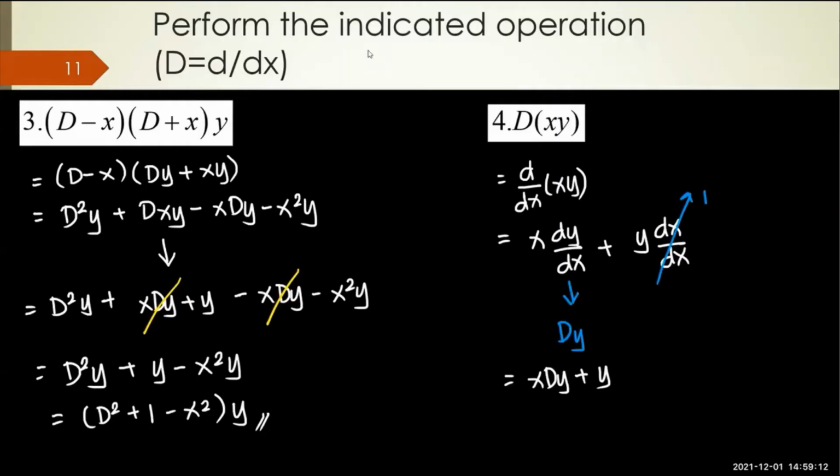But for products between constants and linear differential operators, we don't have a problem. The constants always go in front. It becomes a constant multiplier. But for variables, you can't just bring it inside or outside wherever it is. If it's inside, it should remain inside. If it's outside, it should remain outside.